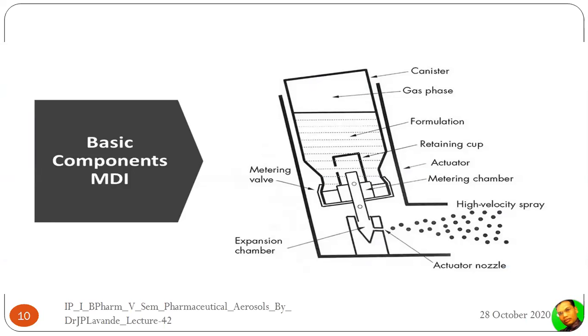The internal content of the inverted canister consists of gas phase formulation, and there is a special assembly called the retaining cap or retaining cup, and there is a metering chamber. This metering chamber is responsible for measuring the required amount of dose of the content that is to be delivered.